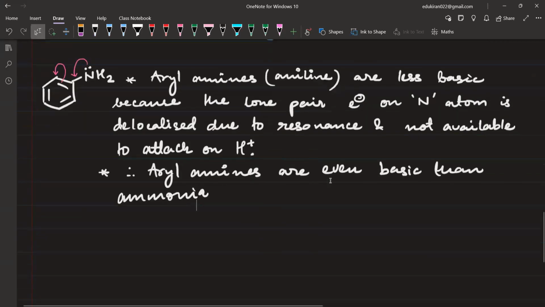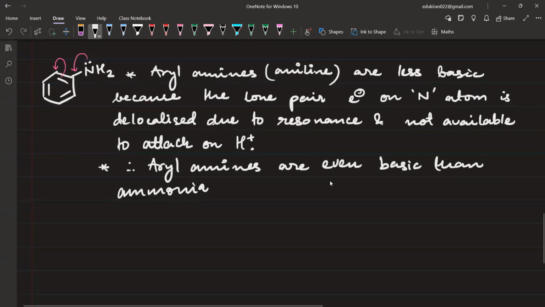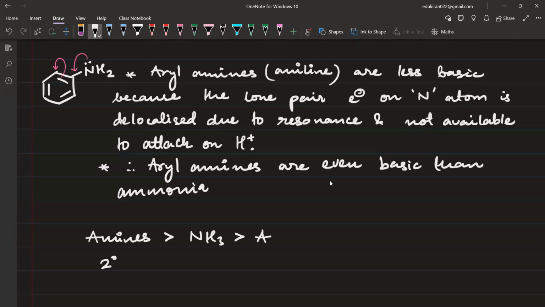So we have got a kind of conclusion that amines are the most basic, and among amines, 2 degree is the most basic. And then you have ammonia, and then you have aniline.